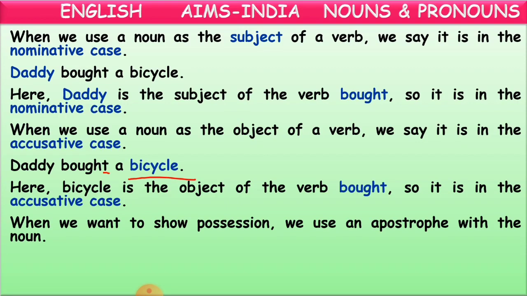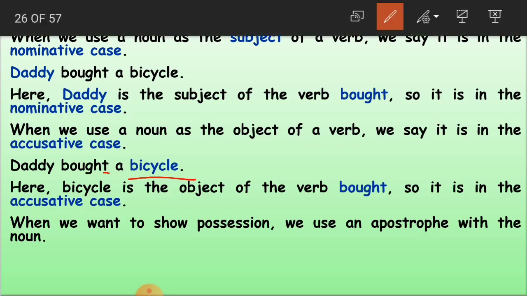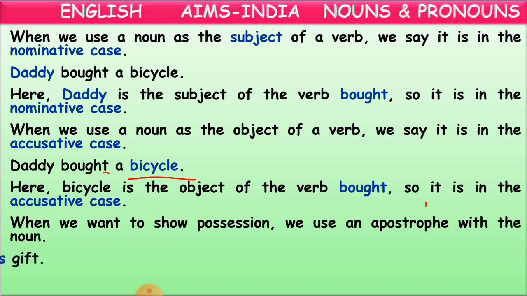And when we want to show possession, we use an apostrophe with the noun. Possession means owning, like it belongs to us or somebody else. We have the possession of that particular thing. So we use an apostrophe, this mark, with the noun. How is it in the sentence?